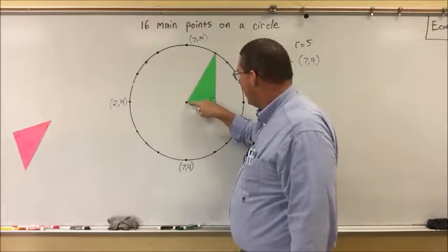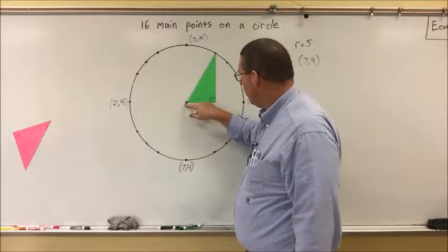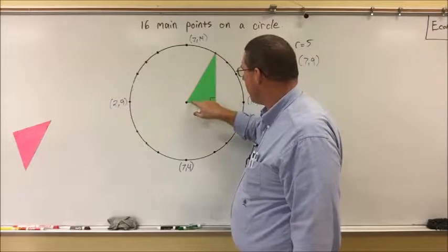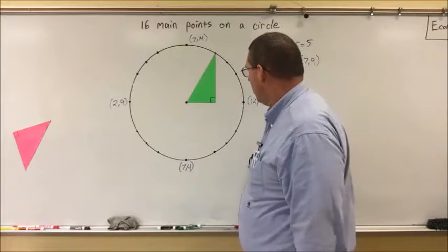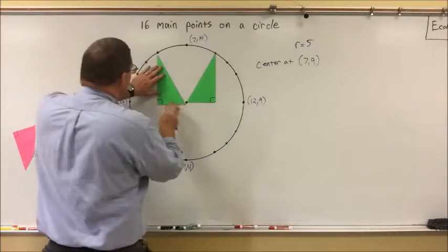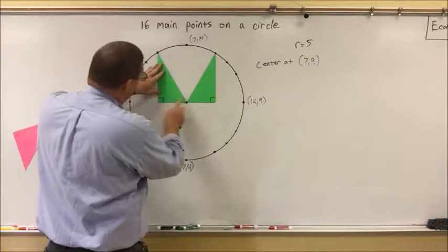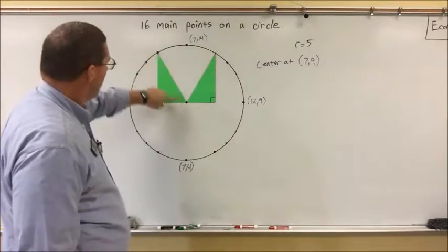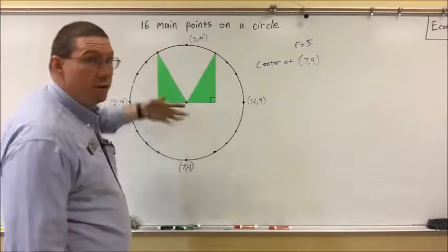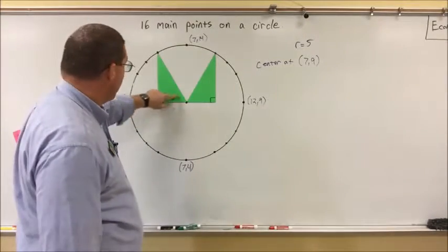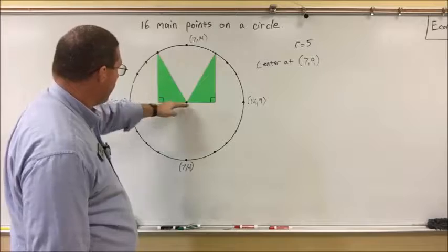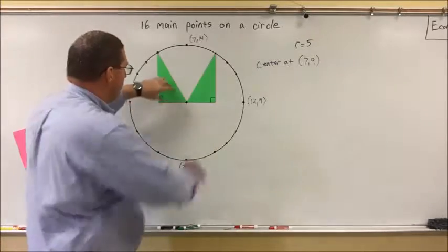And the angle here between the center of the circle and that point is a 60-degree angle. You'll also see over here at this point, also a 60-degree angle up to this point from the center. Now, it's a 60-degree reference angle. It's the 60 degrees from the x-axis here on the left side.